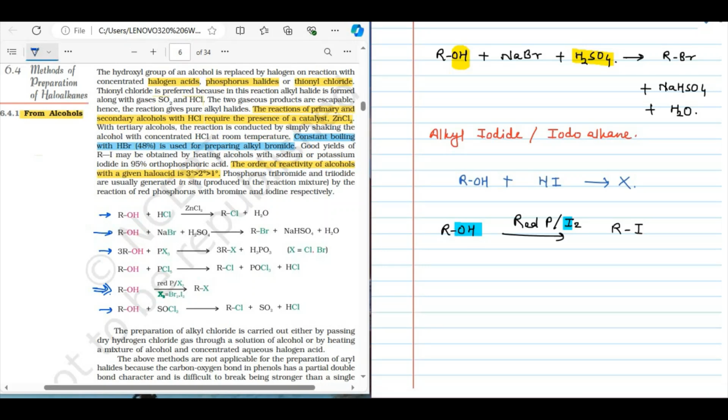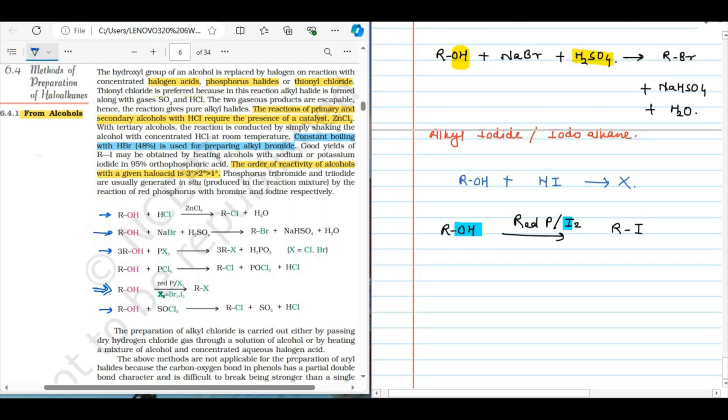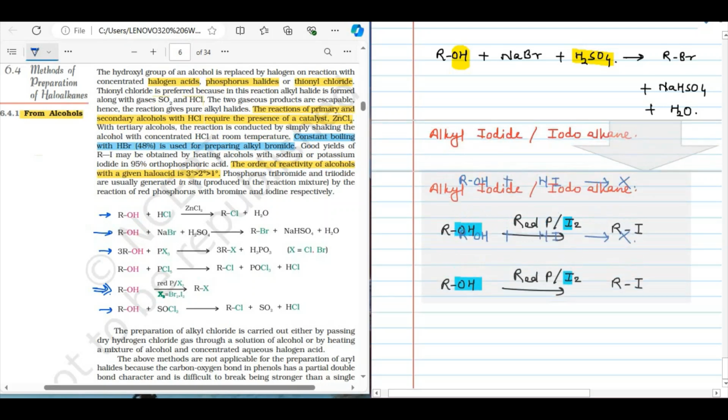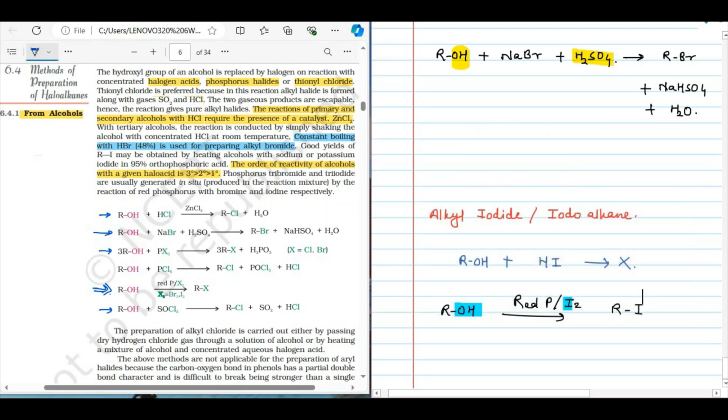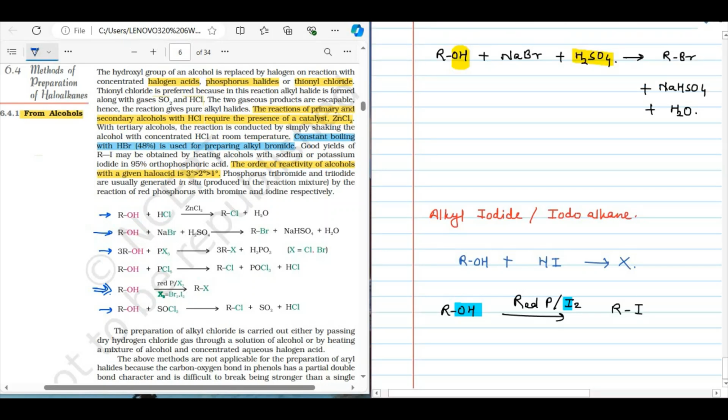Now for the preparation of alkyl bromide also, you can use the same reaction. For alkyl bromide also, we can write the same reaction. For the preparation of alkyl bromide, you can take ROH and you have to heat it with red phosphorus with Br2.